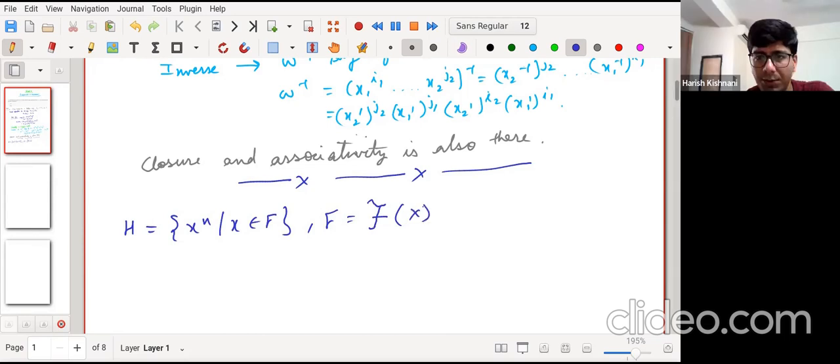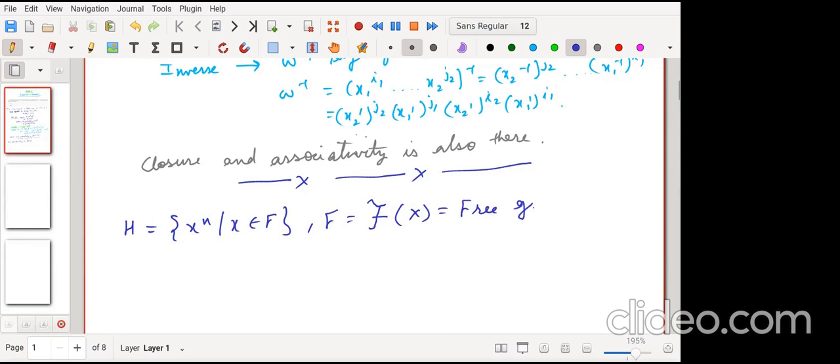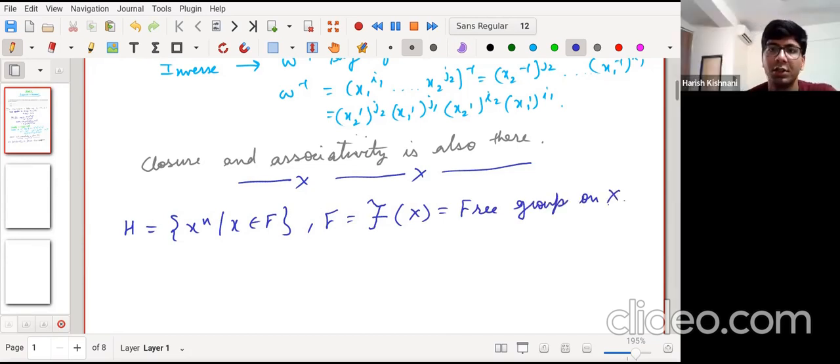In the question it is X, so I'm just changing it to F(X), the free group on X.